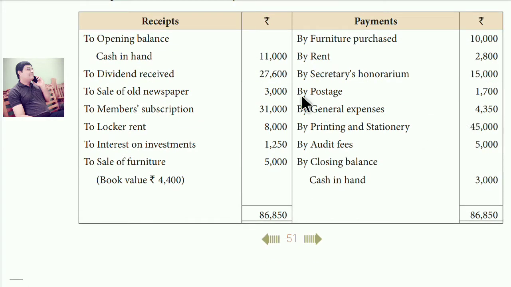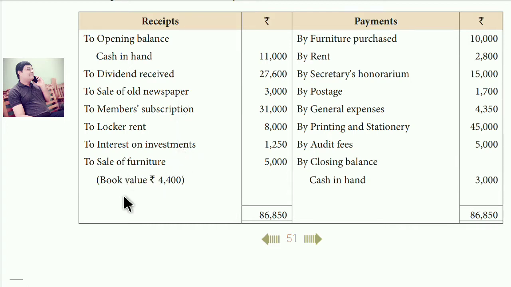Next one, sale of old newspaper, it will also come in the income side. Member subscription, locker rent, interest on investment, all these items from dividend received to interest on investment, we have to write in the income side because it is a revenue income.